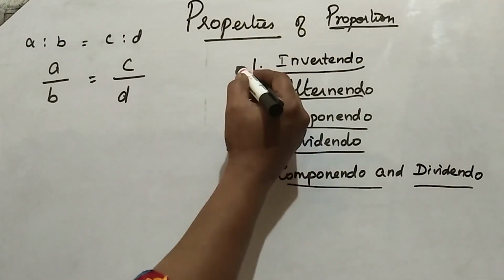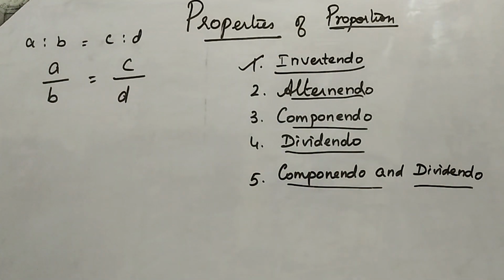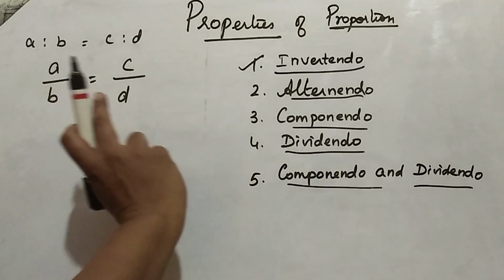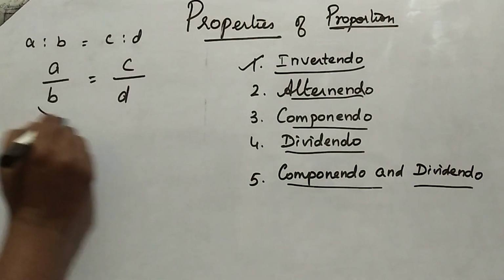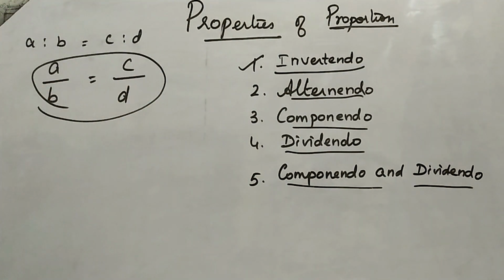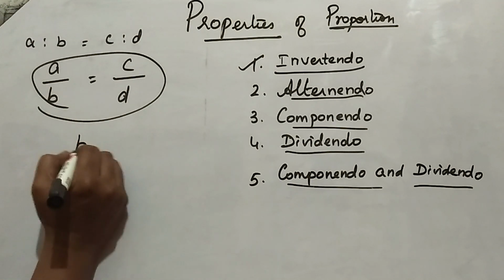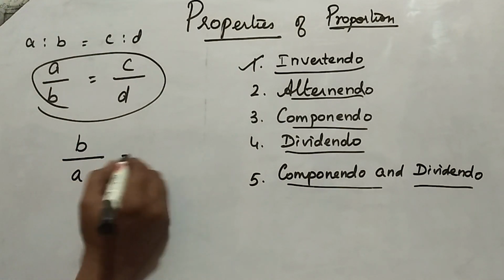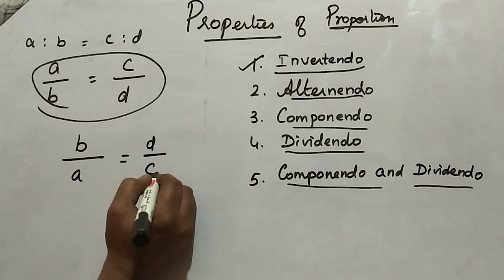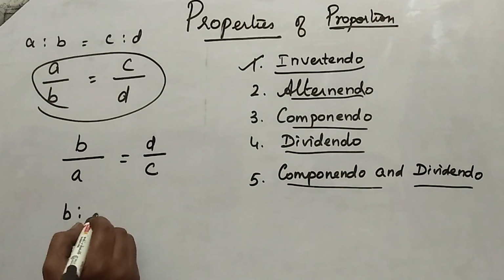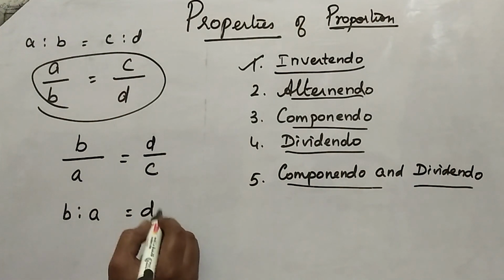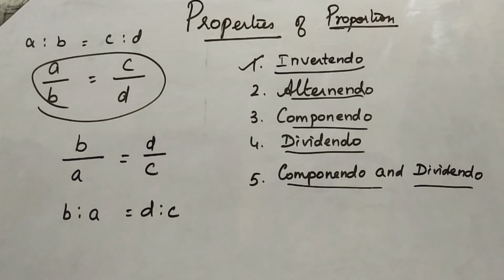So see, invertendo. What is invertendo? Just writing this in a reciprocal form. Inverted. B upon A is equal to D upon C. So B ratio A is equal to D ratio C. Clear?